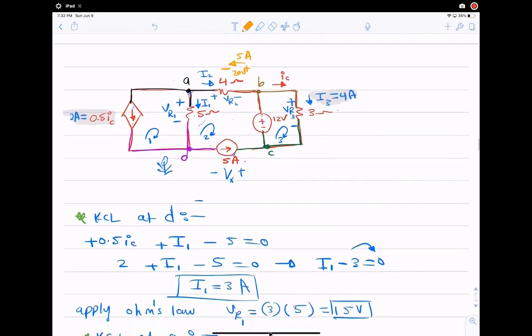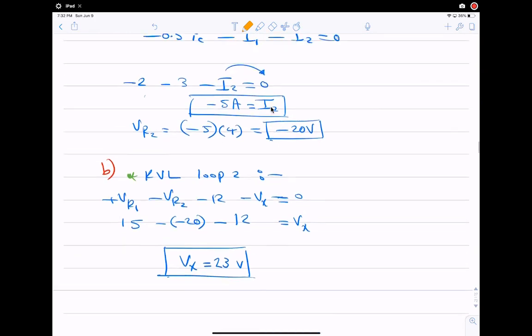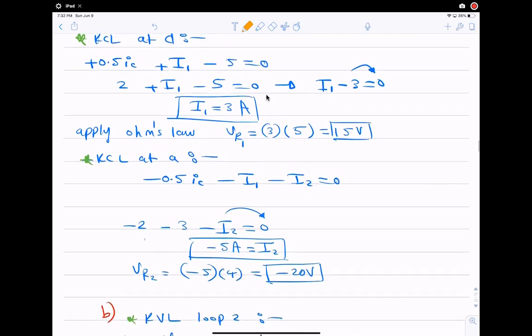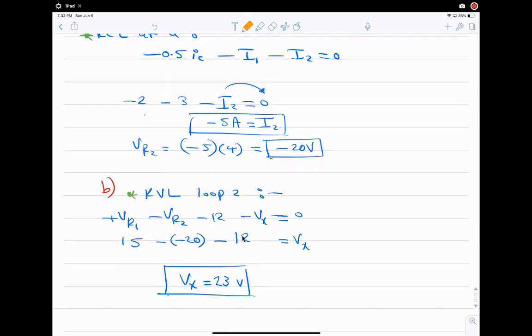You add all of these voltages. I already know VR1 to be 15, VR2 negative 20, we just found it here, and then minus 12 minus Vx. Move Vx to the other side, so it has a positive sign, so Vx equals, you add all these numbers and then you have 23 volt.